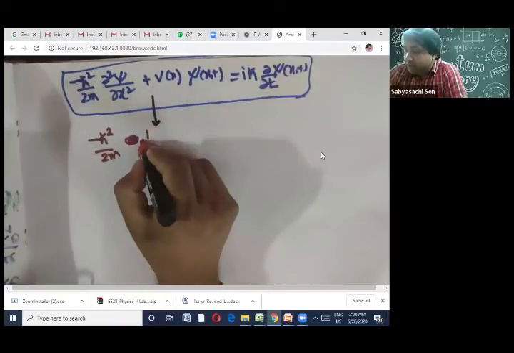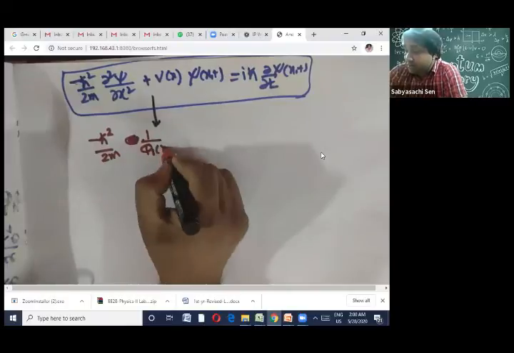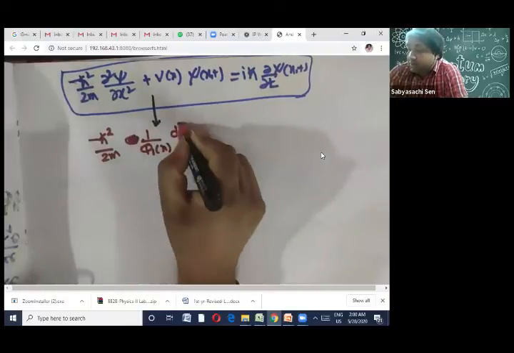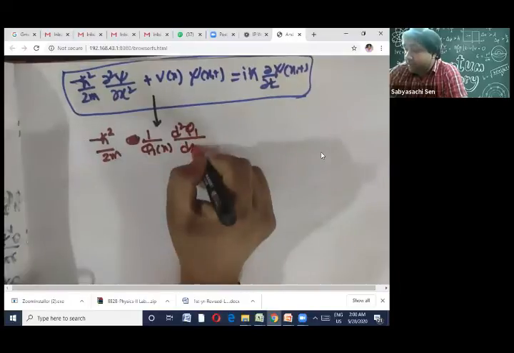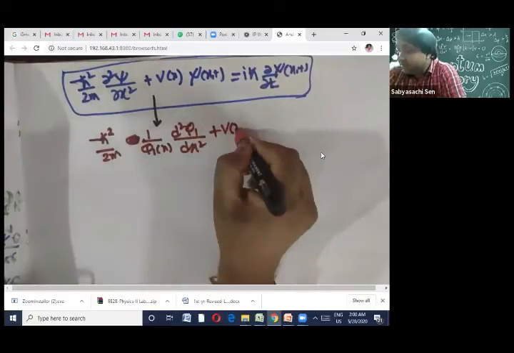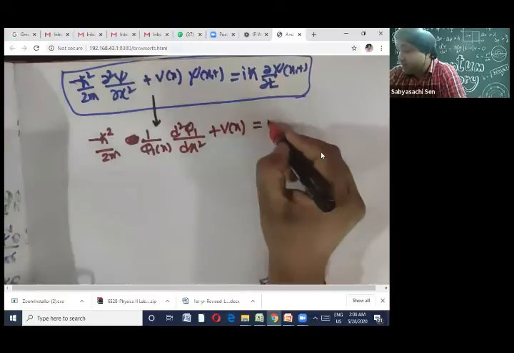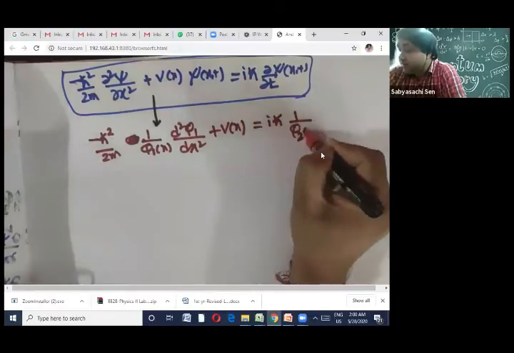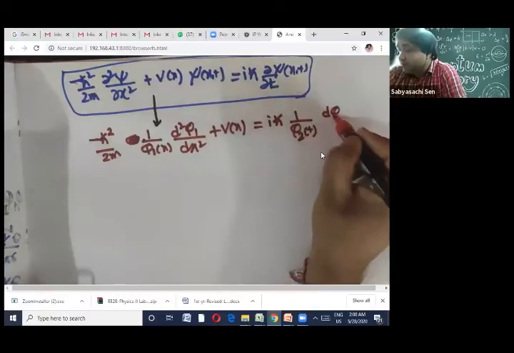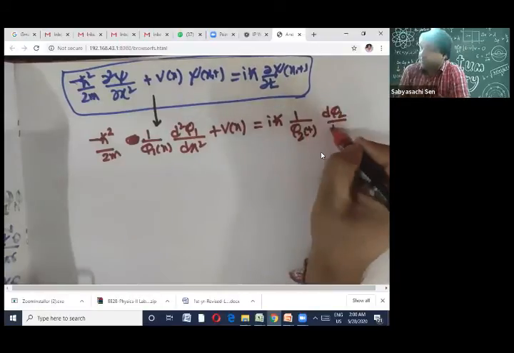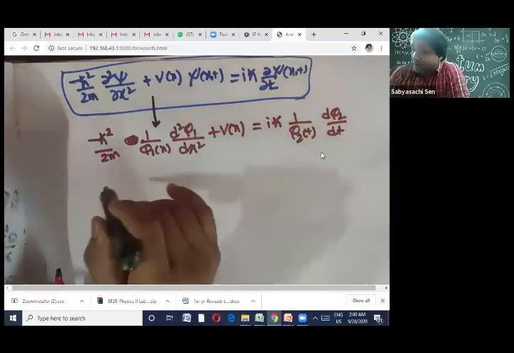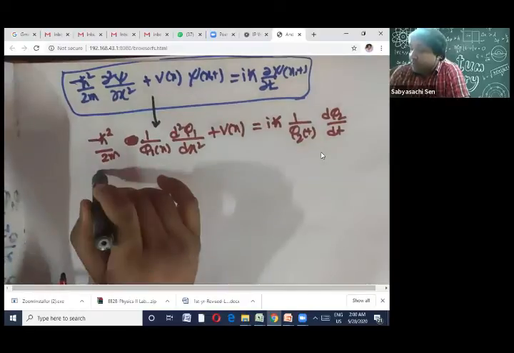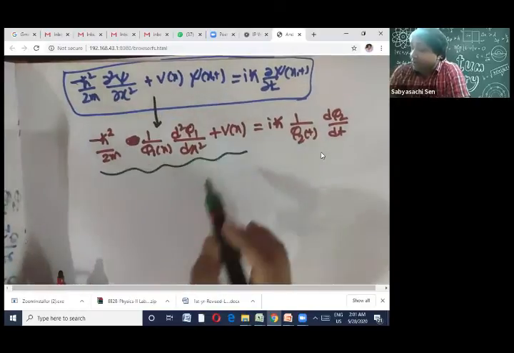1 by phi 1x, d2 phi 1 dx2, plus vx, equal to, I got, 1 by phi 2t d phi 2 dt. What I am telling is, the left side of the equation is a function of x only.